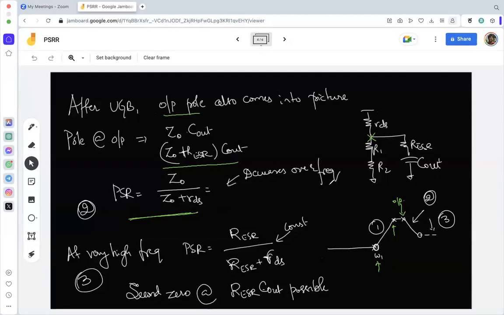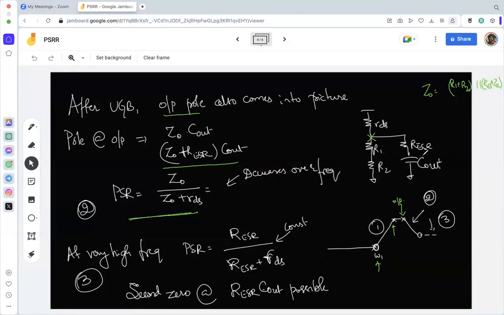Why is it decreasing over frequency? You already have a ZO, right? What is ZO that we calculated earlier? ZO was the parallel combination of R1 plus R2, parallel with RESR plus ZCout, or the impedance because of the Cout.